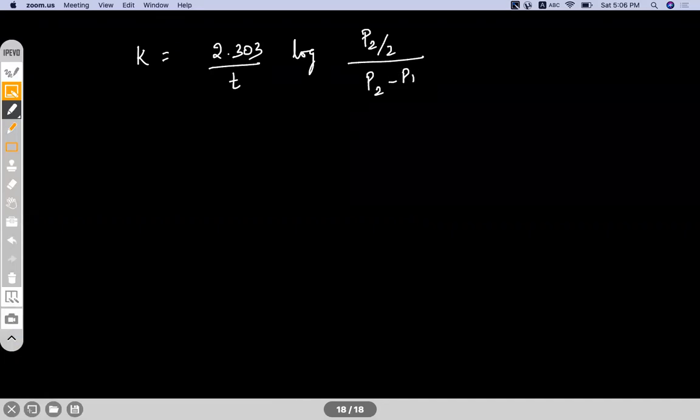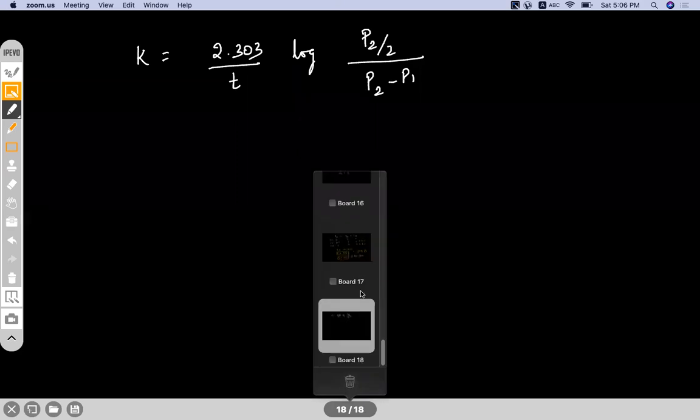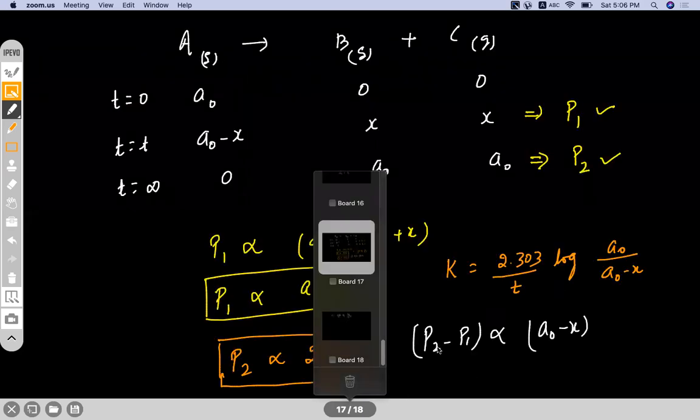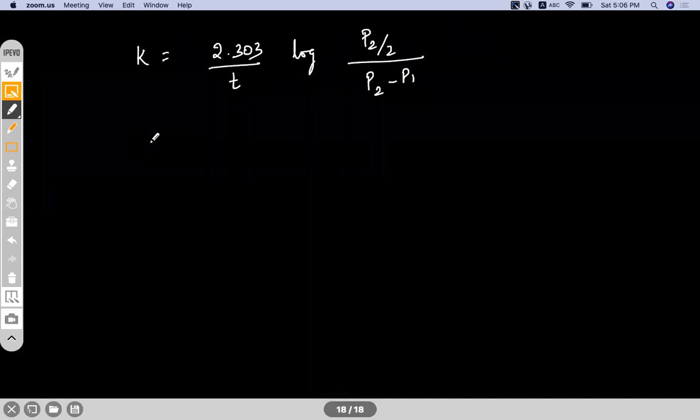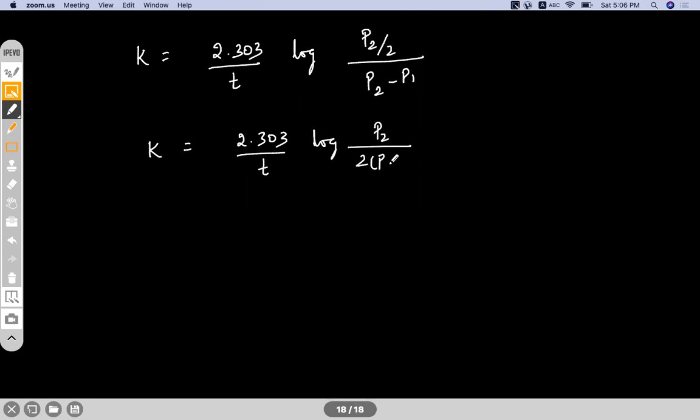Is this right? Let me check the previous expression. Yeah, A naught minus X is this, A naught is P2 by 2. That's correct. So the expression of K in terms of the given pressure is 2.303 by t log of P2 by 2 times P2 minus P1. This is the expression we get.